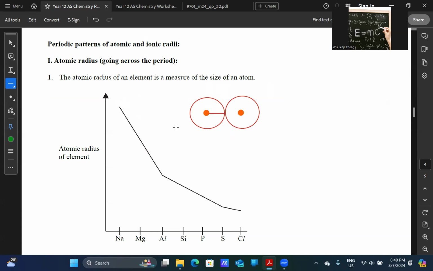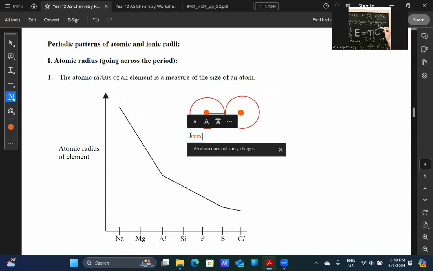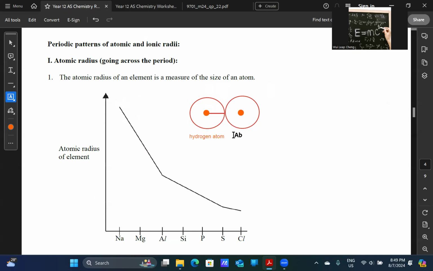Okay, this shows you two atoms. For example, this one is a hydrogen atom, and the next one is also a hydrogen atom. The center part of the atom is the nucleus. The distance between the nucleus and the outermost shell is the radius.